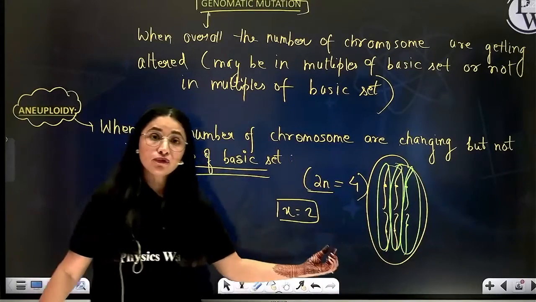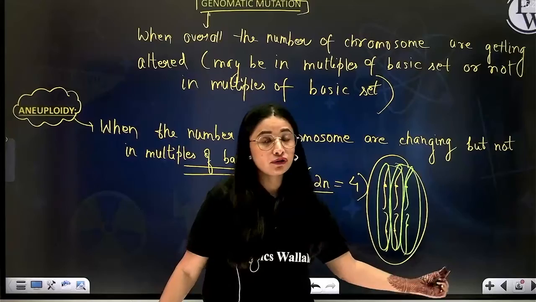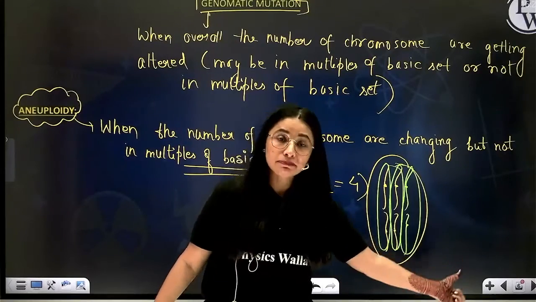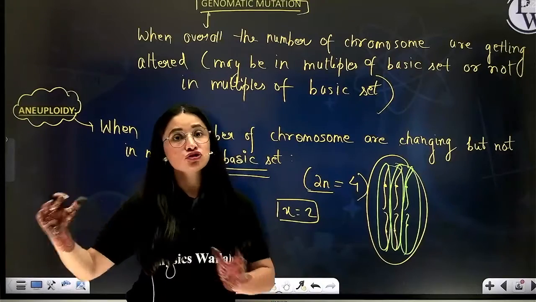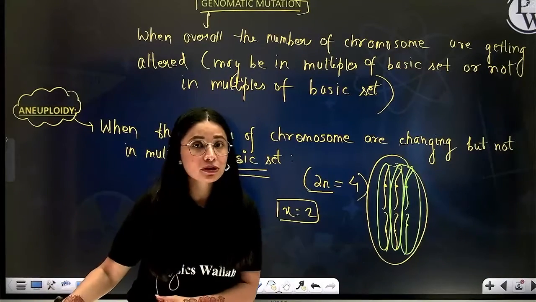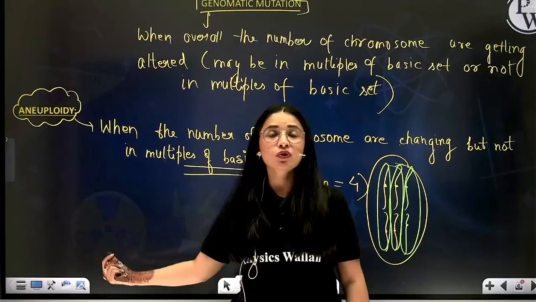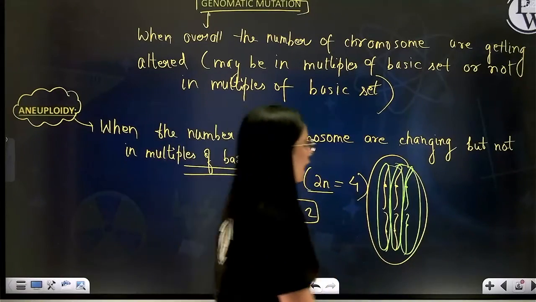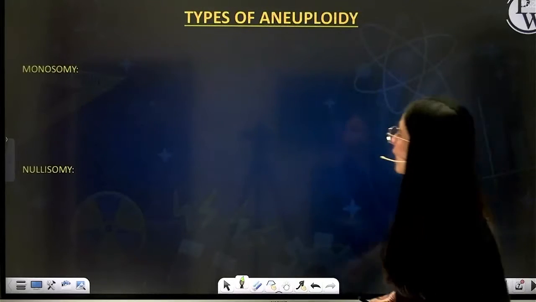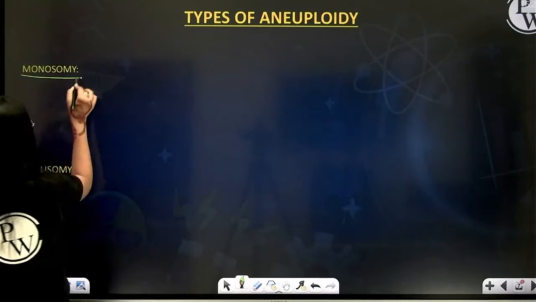So if like this addition or deletion of chromosomes is taking place in multiples of the basic set, then it is known as euploidy. And if it is not taking place in multiples of the basic set, then it is known as aneuploidy. Right? Now let's see the types of aneuploidy mutation.